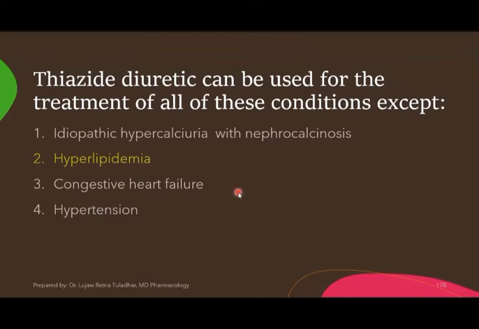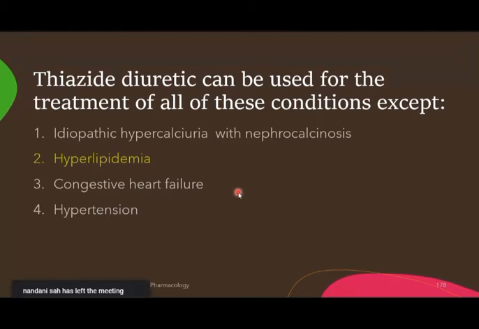Now, idiopathic hypercalciuria is a condition in which there is excess excretion of calcium. And with excess excretion of calcium, sometimes the calcium combines together to form stones, leading to nephrocalcinosis.